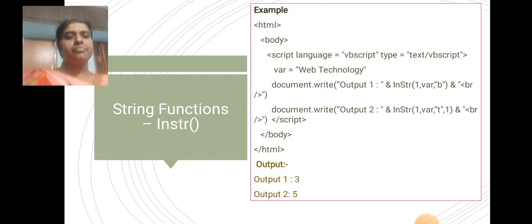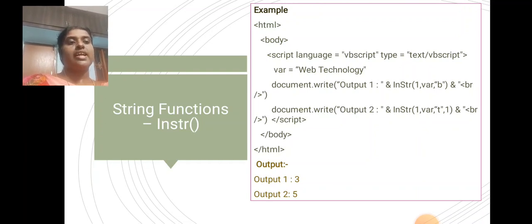In this program, I declared a variable called var. First I am going to provide the output: document.write output 1 ampersand InStr(1, var, b) ampersand break. So this means we are going to produce output by invoking the method InStr.